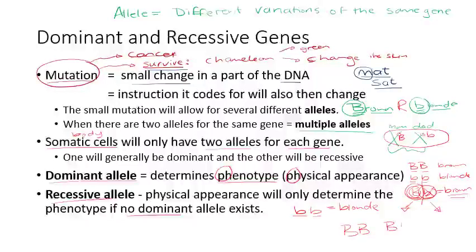If I have a dominant and a recessive, I'm going to then present as brown. The only time my recessive allele will show its physical appearance is if it has no dominant alleles existing in it. Okay.